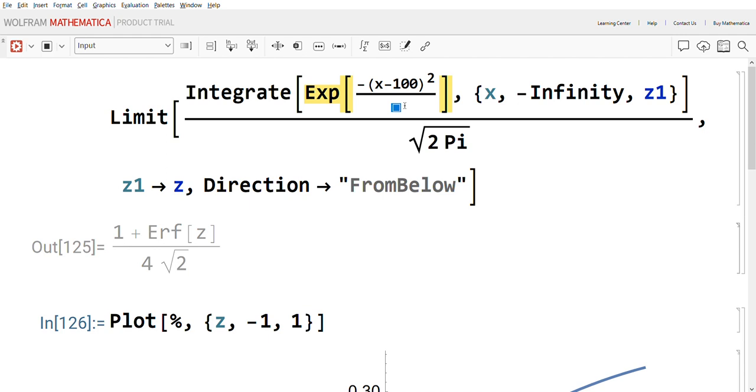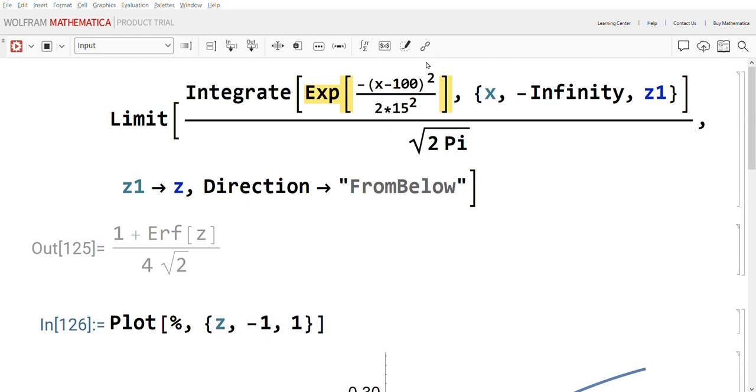And it's over 2 times the standard deviation squared, which is the variance, and that would be 15 squared. Is that right? So it's right here. I looked online first.